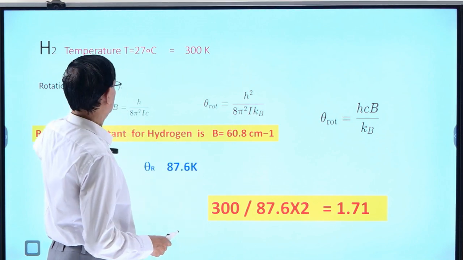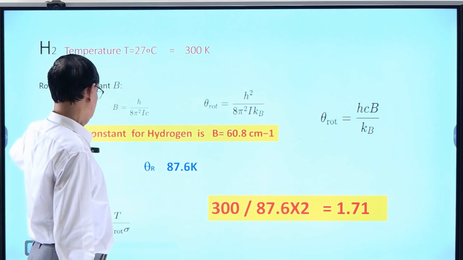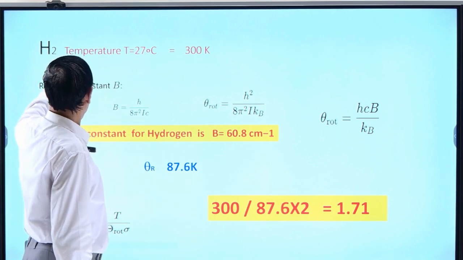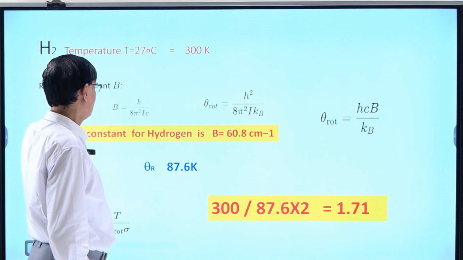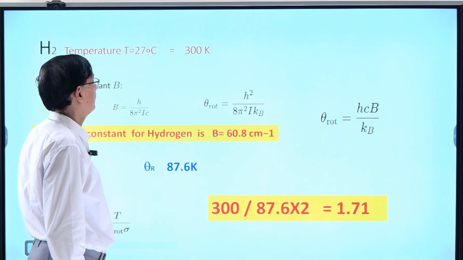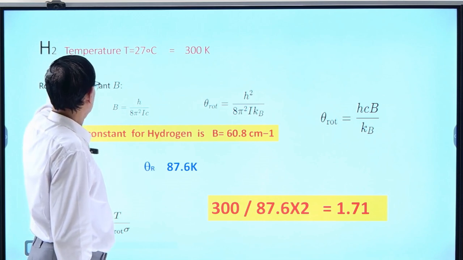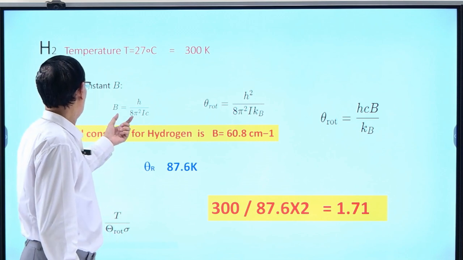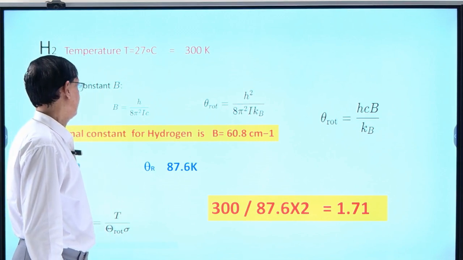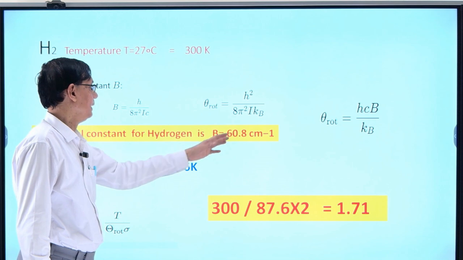I am not dealing with the rotational constant here, but sometimes, if you see the books of Atkins or Levine or McQuarrie, there are many numerical problems. So for hydrogen, the temperature is, suppose, 27 degrees centigrade, and they have given the value of the rotational constant, say for example, 60.8 centimeter inverse.